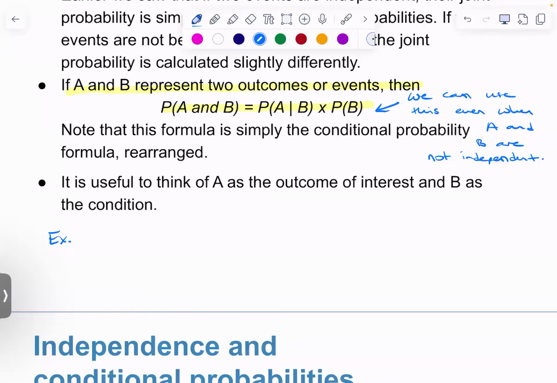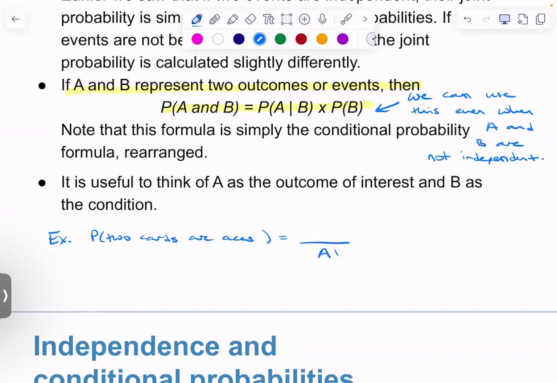We made that adjustment knowing that the first card was an ace. So the probability that two cards are aces, we solved like this.